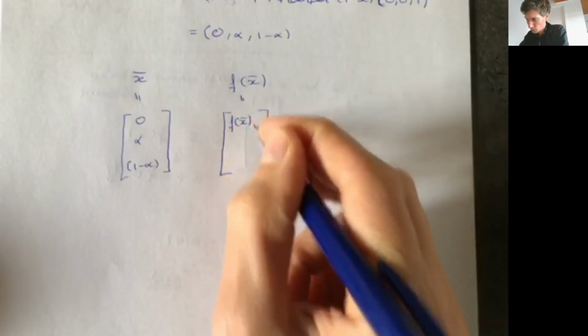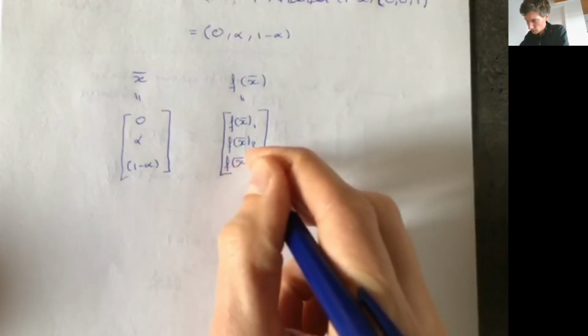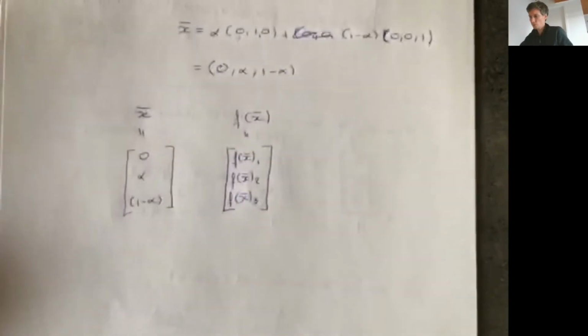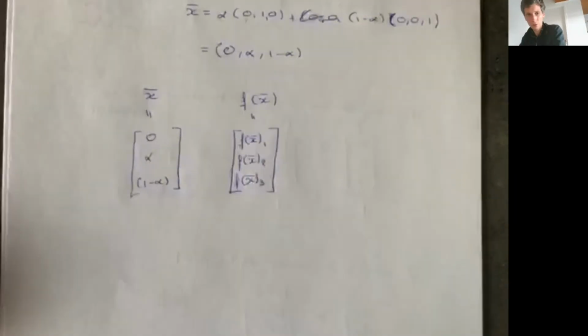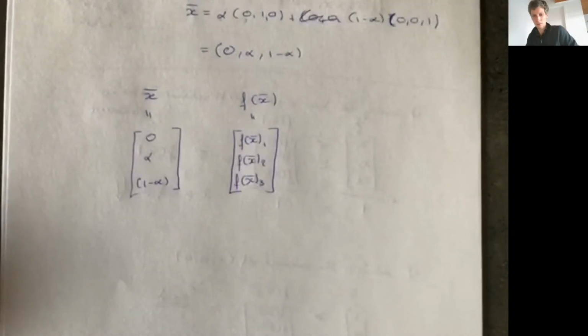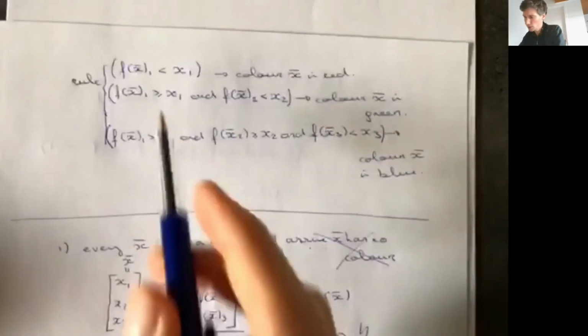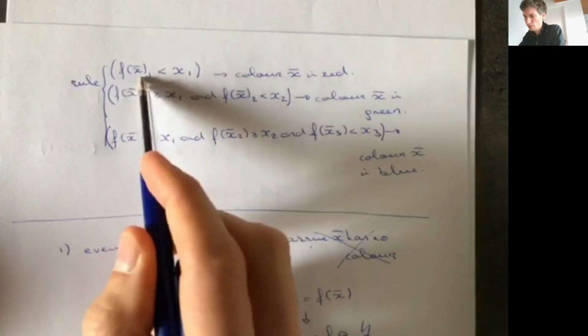f of x1, f of x2, f of x3. So one thing that I see immediately from this vector is that the first component is equal to 0. If I look at my colors, here they are. The first component is equal to 0, so f of x1 cannot be smaller than x1, right?